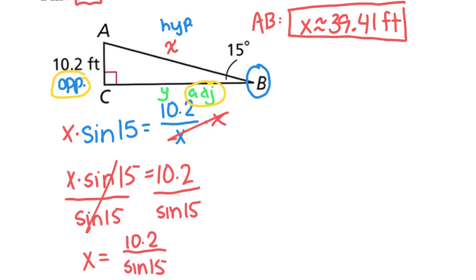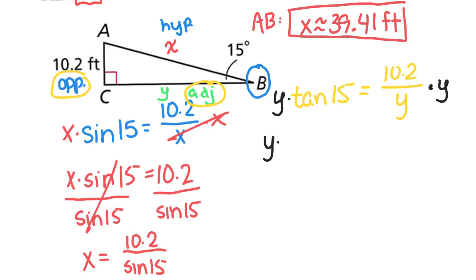So to find BC, using opposite and adjacent, the tangent of 15 is equal to our opposite side, 10.2, over our adjacent side, which is y. And now we can do the same process as we did to find AB. We can multiply y out of the denominator, so we have y times the tangent of 15 is equal to 10.2.